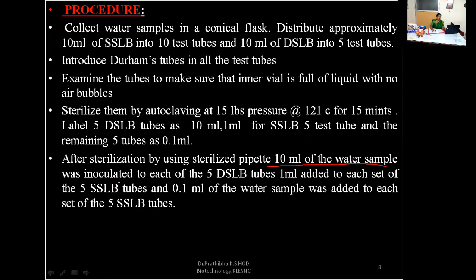Then mix thoroughly and later inoculate each of the 5 DSLB tubes. For all the 5 DSLB tubes, you are going to add the 10 ml of the water sample.